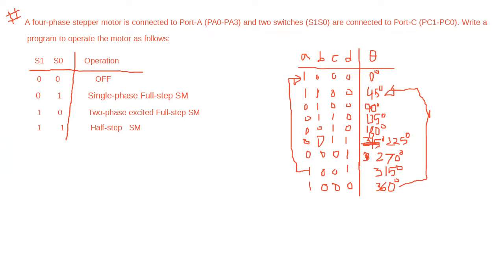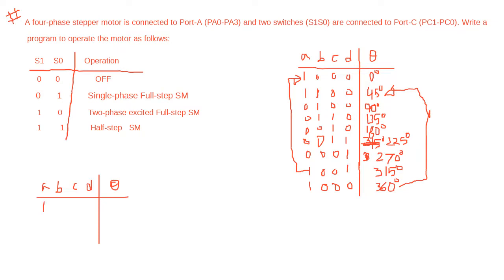Half step, because in the previous one, just for single phase, every time it was 90 degrees. I am writing it here again for single phase: A, B, C, and D. And what about theta?